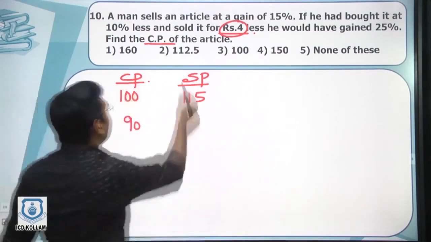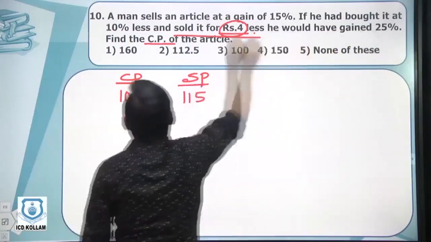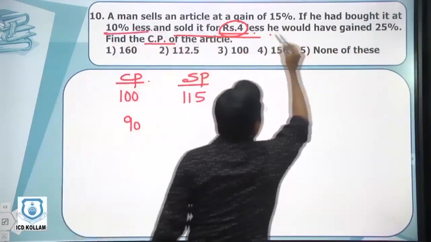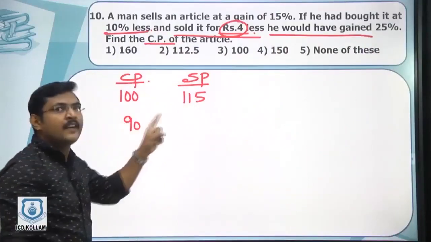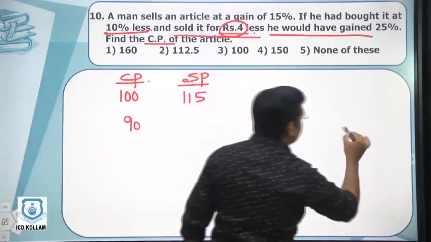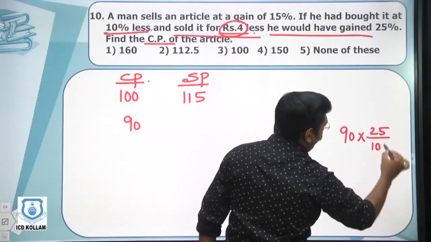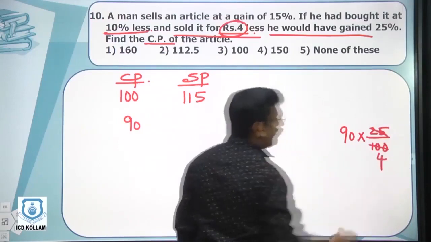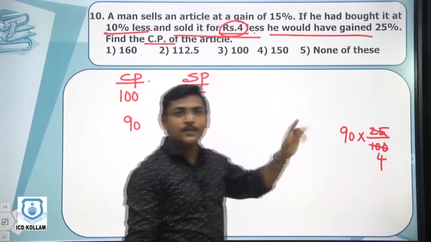He would have gained, ignore this condition and read this, he would have gained 25%. That means if he had bought it at 10% less, he would have gained 25%. So if he bought it for 90, he would have gained 25%. It means we need to find 25% of this 90. That means 1/4 of 90. 1/4 of 90 means half of 90 is 45, half of 45 will be 22.5.